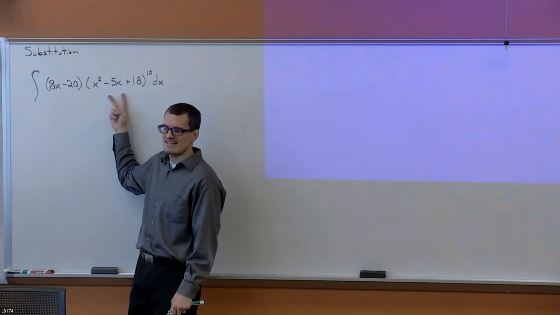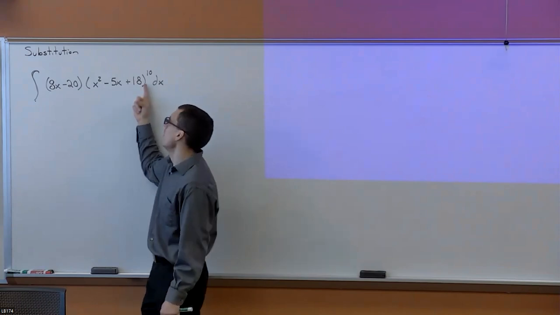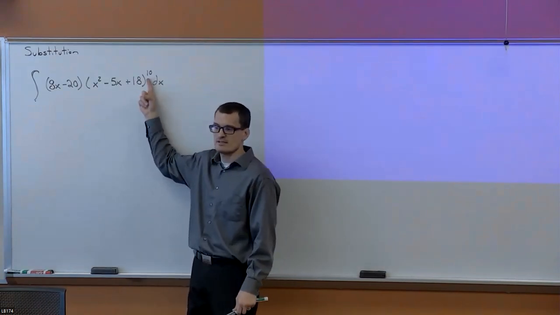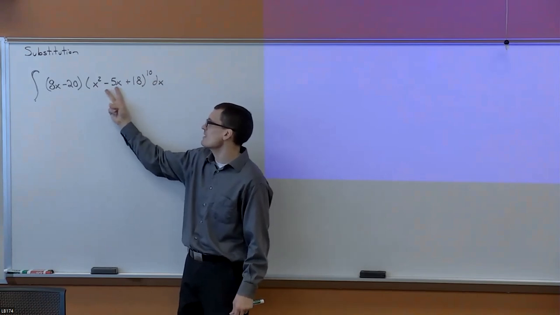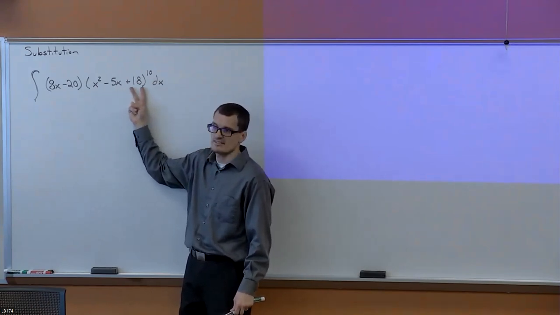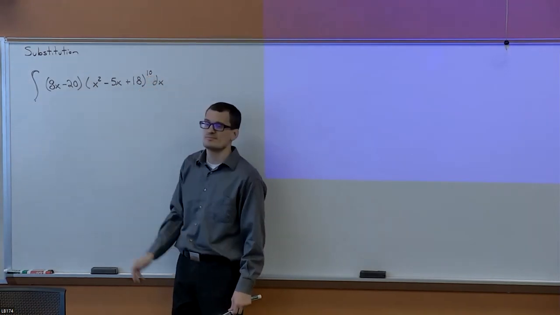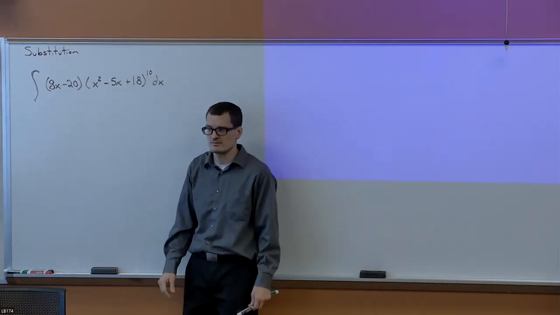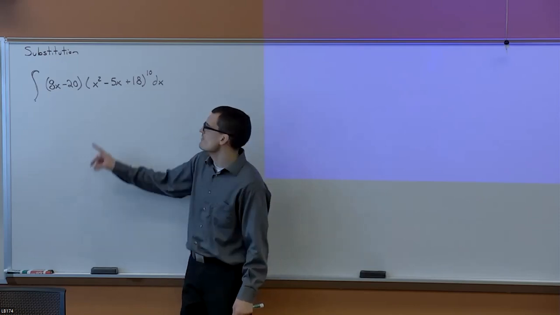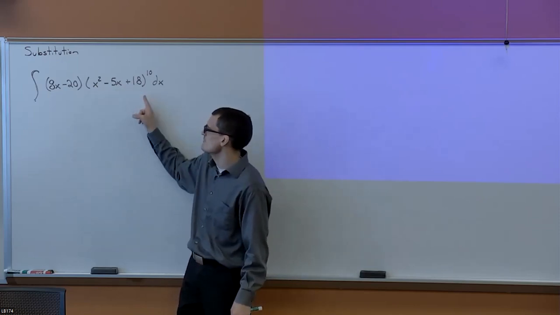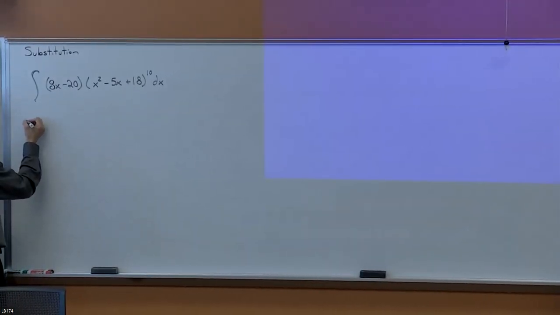But the one that's inside a bigger operation is the x squared minus 5x plus 18, because that's being raised to the 10th power, where this is just on its own. Does that make sense? So my u is going to be the x squared minus 5x plus 18.